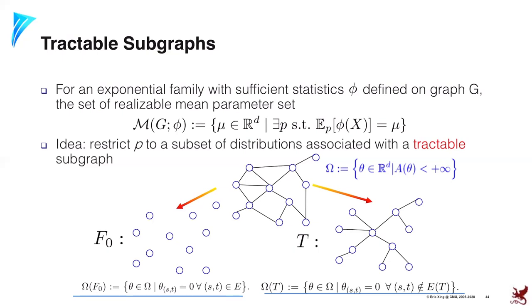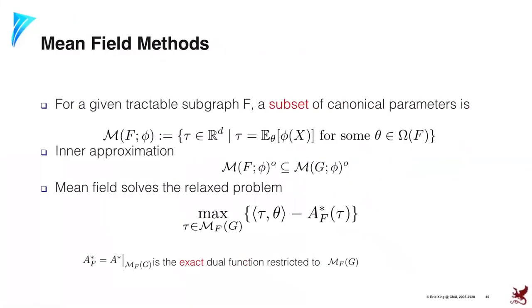And we can also consider this T graph. This is also a subgraph of the original graph, and this is also a tractable one. That's how this idea works. So we have the mean field method for a given tractable subgraph.